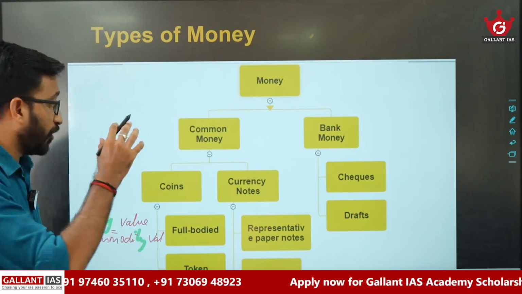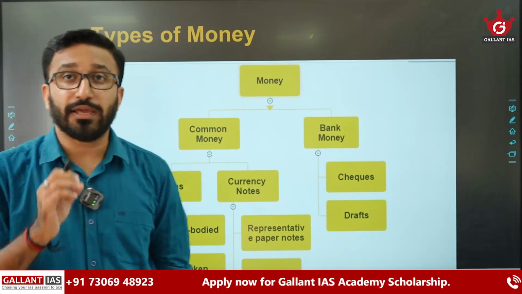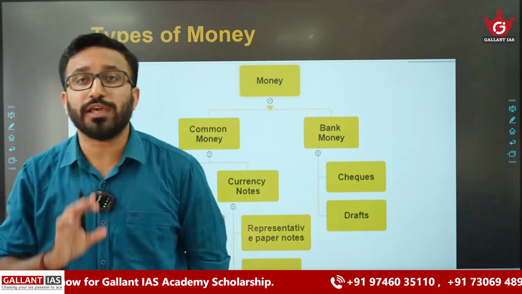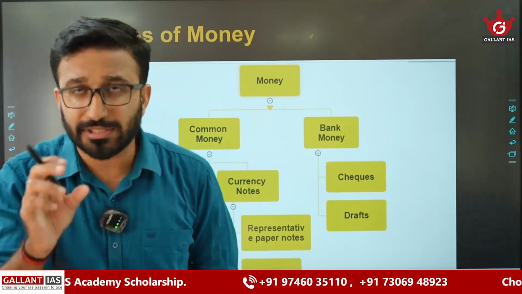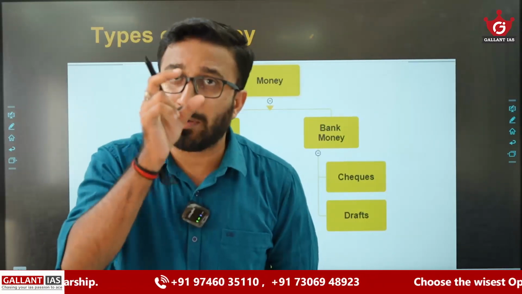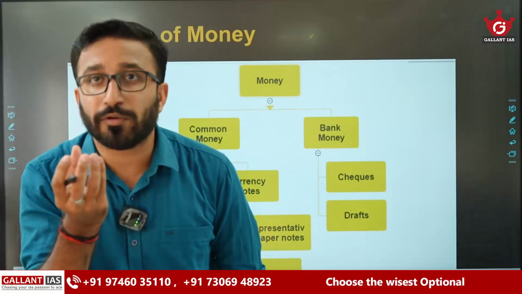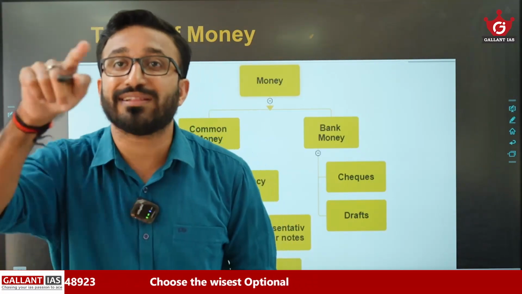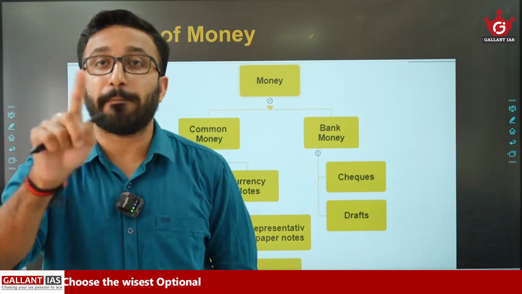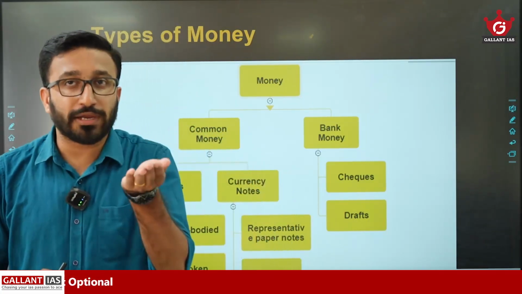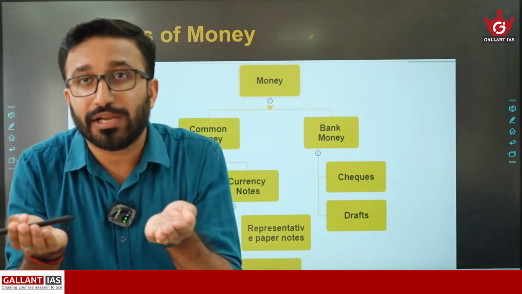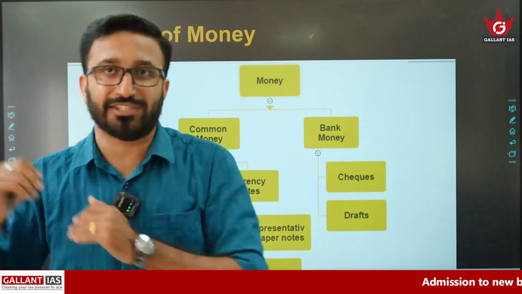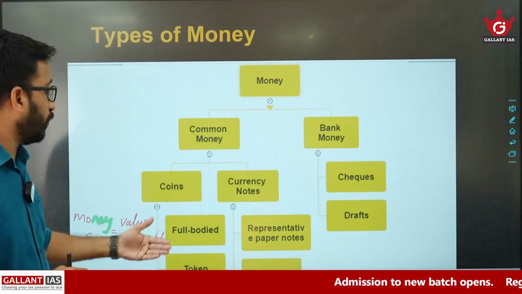If it is a full bodied money, then the coin's weight will be equal to the value of the money. That means for a 10 rupee coin, the money value will be 10 rupee and the copper will be of value 10 rupee. So the commodity value used for making the coin will be the same as the money value of the coin. A 10 rupee copper coin is equal to copper worth 10 rupees. Okay, so that is full bodied money.